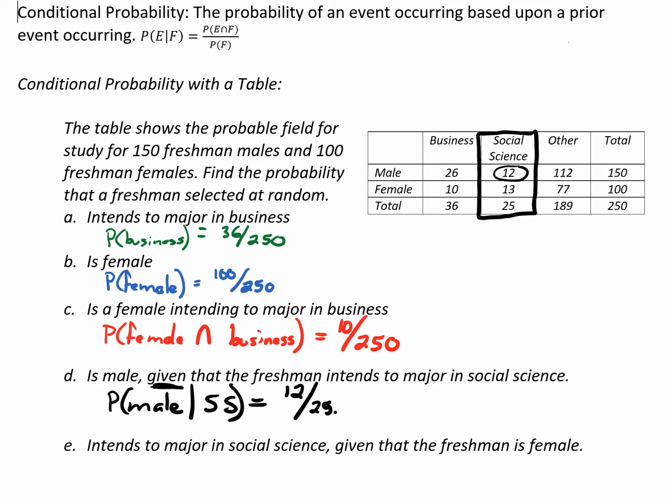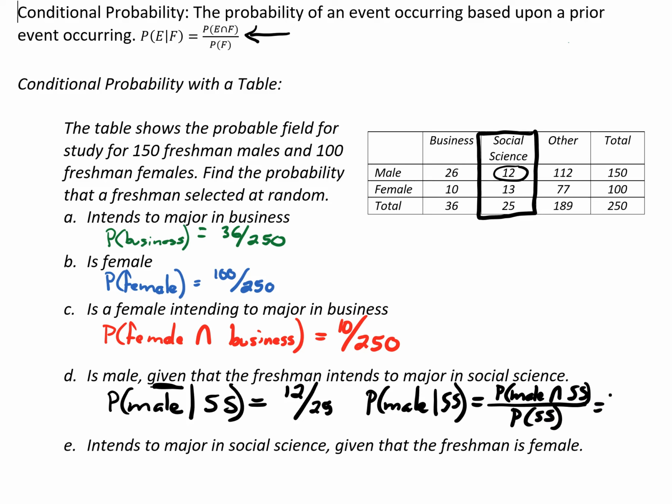Now, another way that we could have calculated that is with the formula that was provided at the top. So we could have found the probability of male given social science is equal to the probability of male and social science divided by the probability of social science.